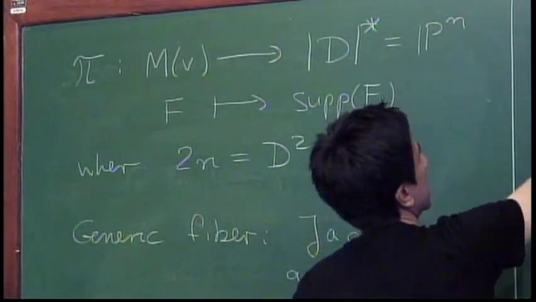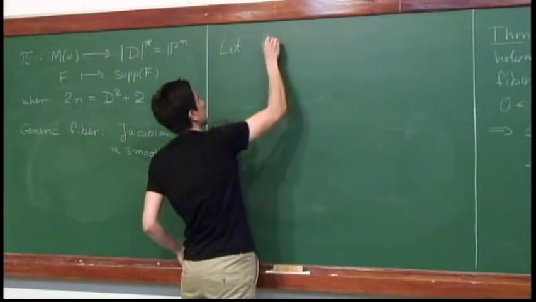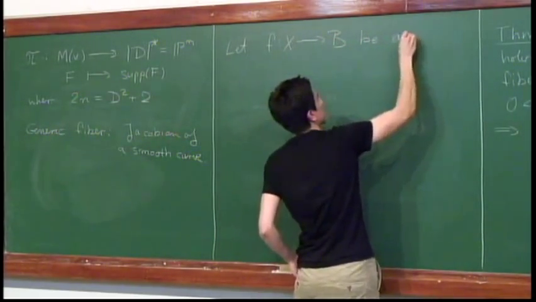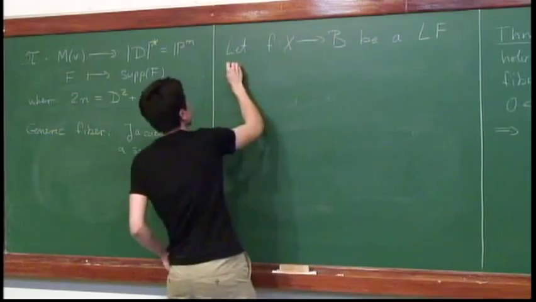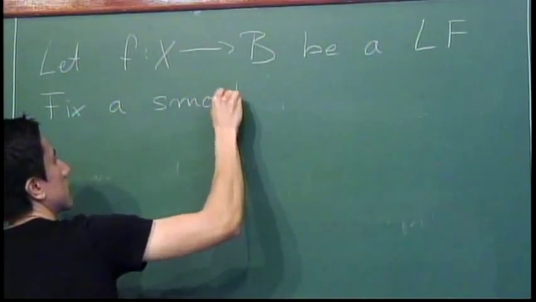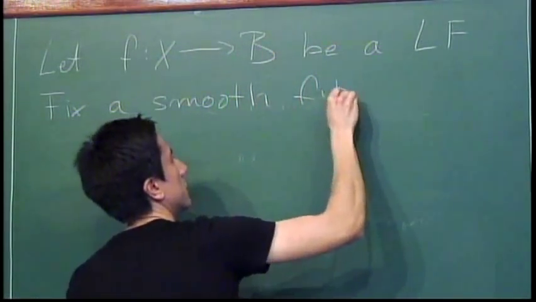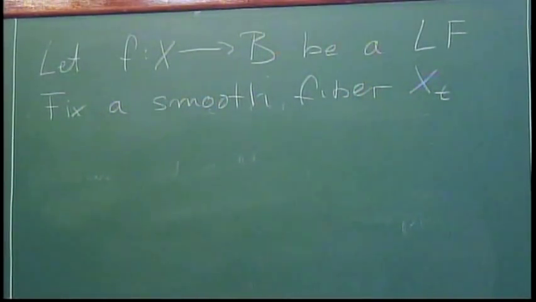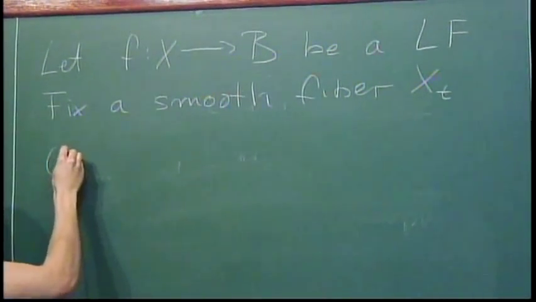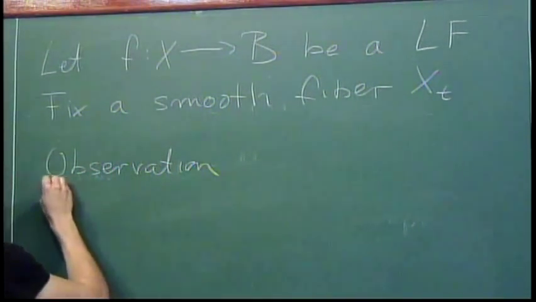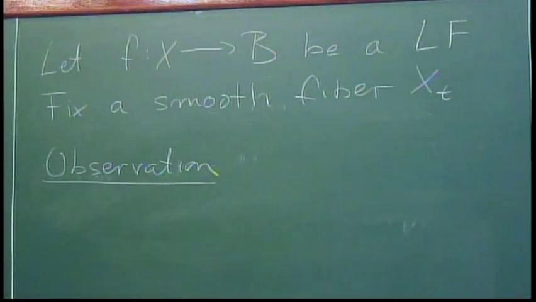So now let f: X to B be a Lagrangian fibration, and we fix a smooth fiber X_t. Voisin has observed the following. Actually, she has not observed it, but she has written a proof from which this fact follows.